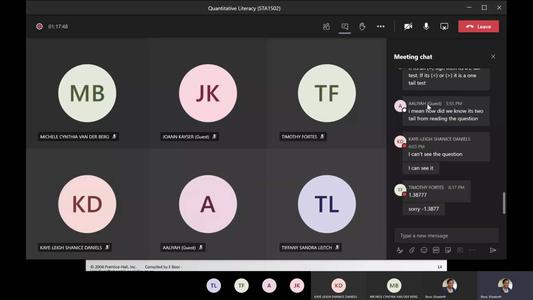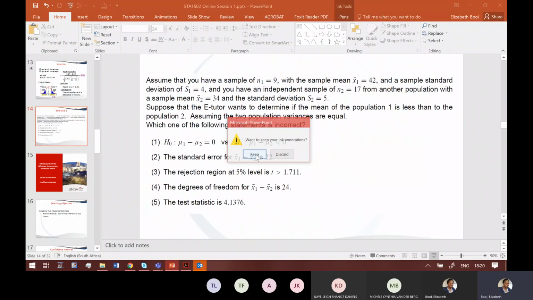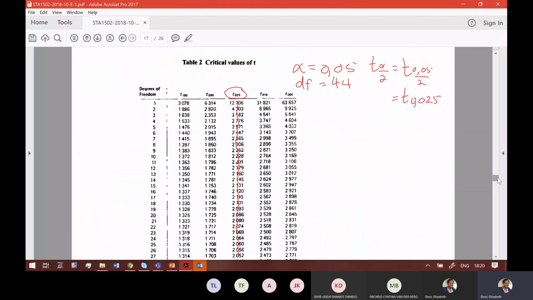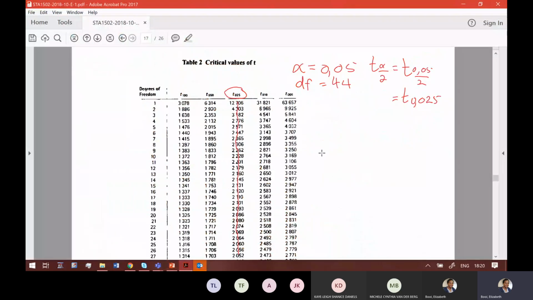So what we do, I'll have to go out of the presentation mode. Then we go to the table. We go look for the T. Remember our T was T alpha 0.05 and 24. So we go T alpha 0.05, which is that. And we go to 24. We can scroll till we get to 24.